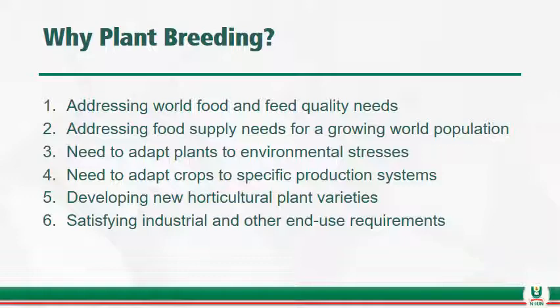And it also addresses food supply needs for the growing world population, because right now, if my statistics are still intact, the population of the world right now is 2 billion. So how do we feed the population with the few plant products that are around? We have to do breeding so that we can get materials that are high yielding and can feed the growing population.